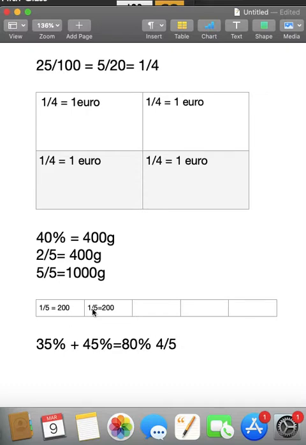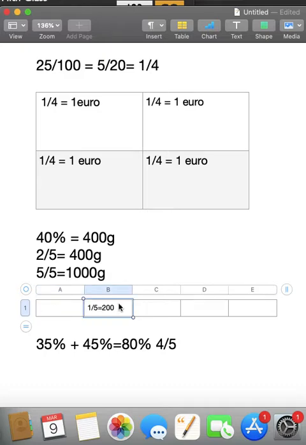Well, if you think about 4/5, here's my fifths again. I'm going to get rid of the writing, so I'll be able to colour these in. Anyway, here are our fifths. 4/5 is 80%.